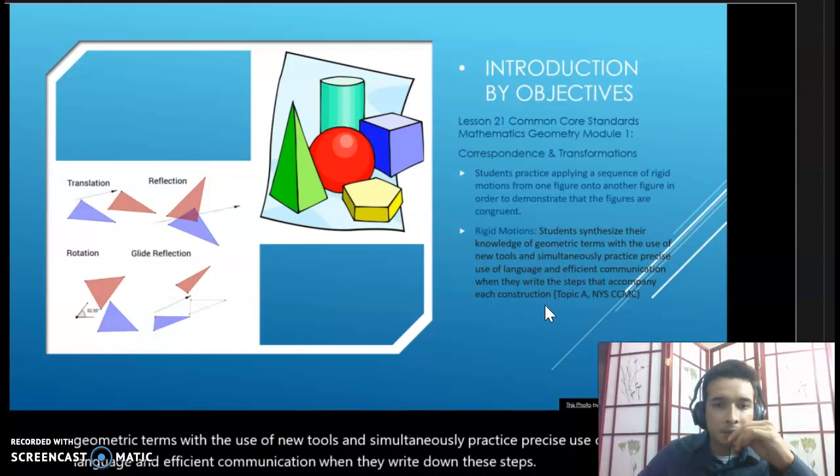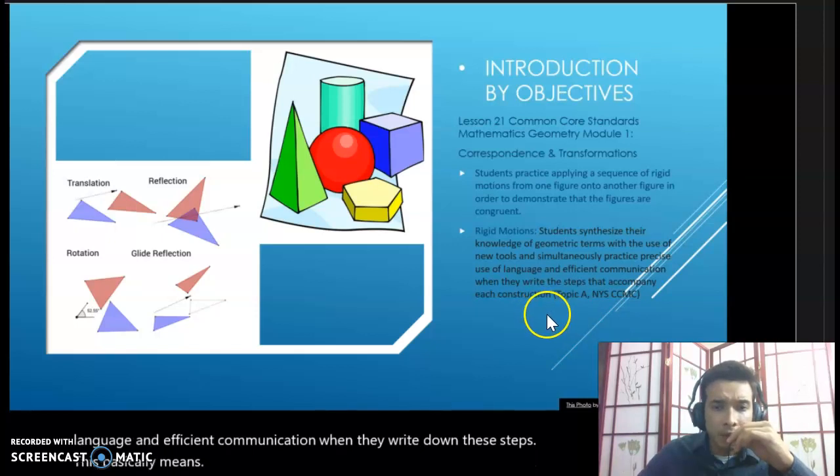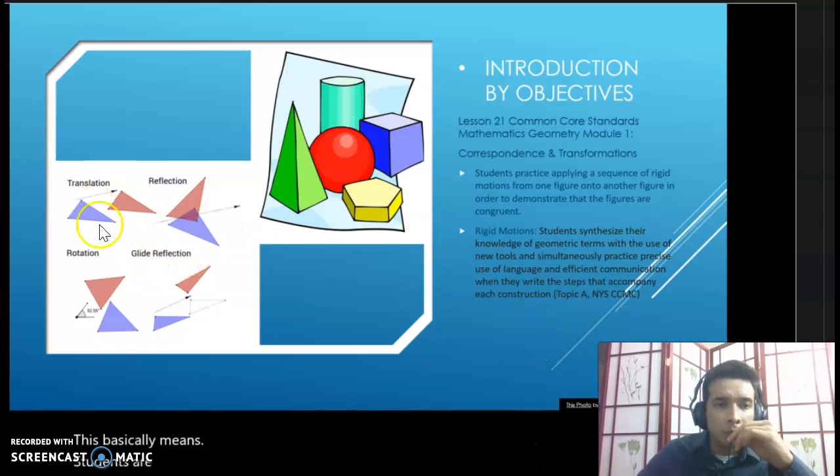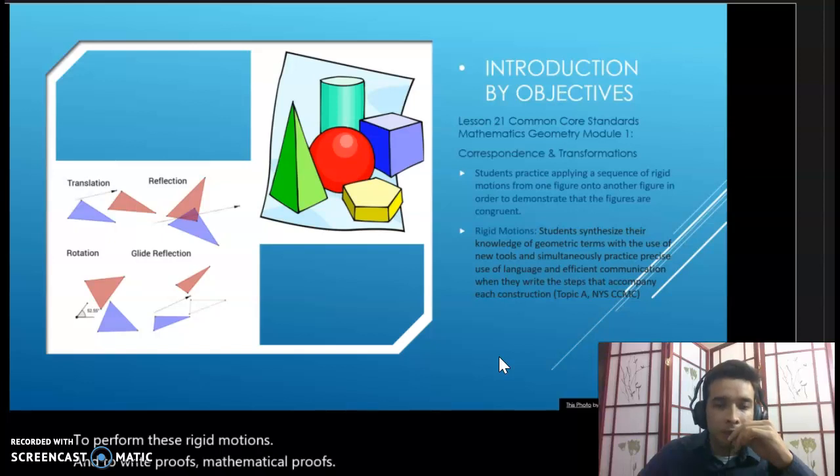This basically means students are able to perform these rigid motions and to write mathematical proofs, showing that mathematical truth in conventional English mathematical proof writing.